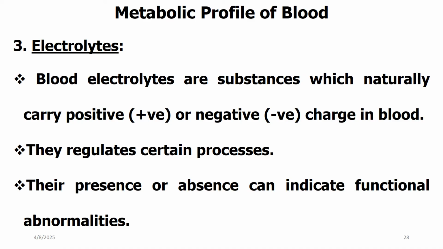The third is electrolytes. Blood electrolytes are substances which naturally carry a positive or negative charge in blood. They regulate certain processes, and their presence or absence can indicate a condition state.